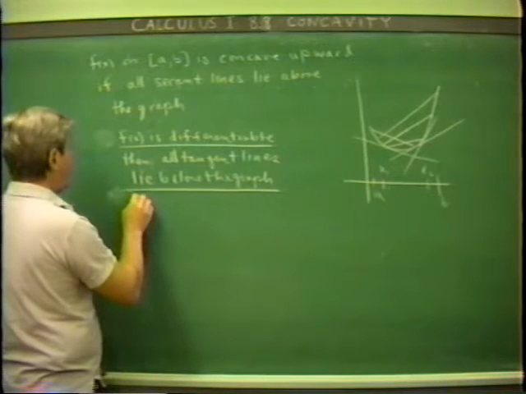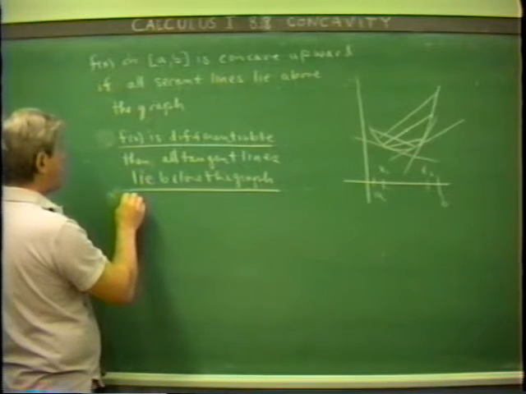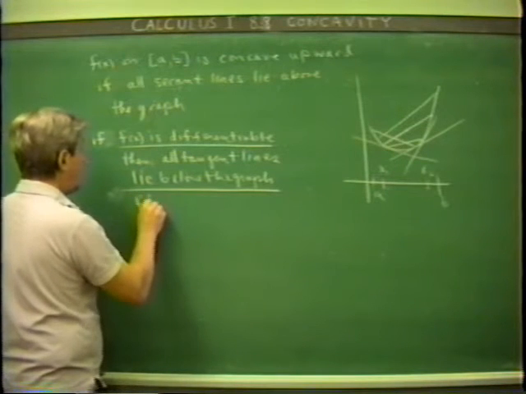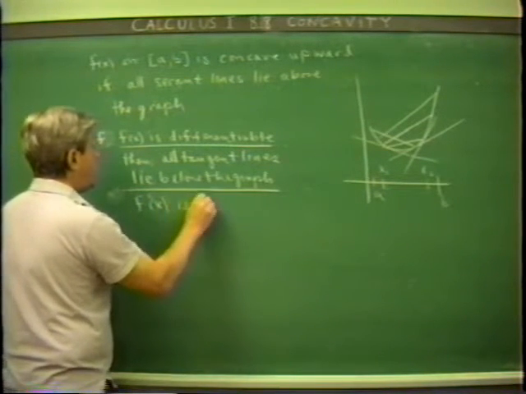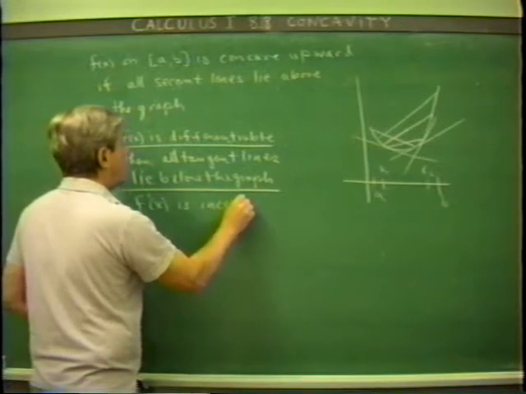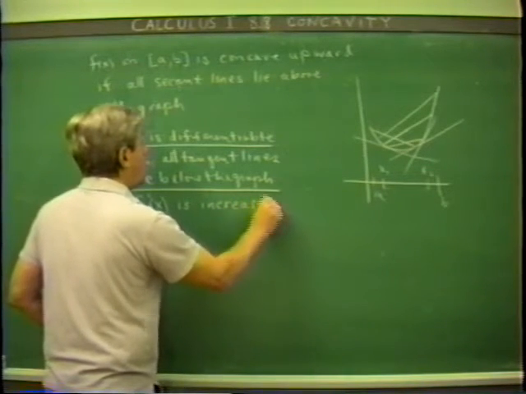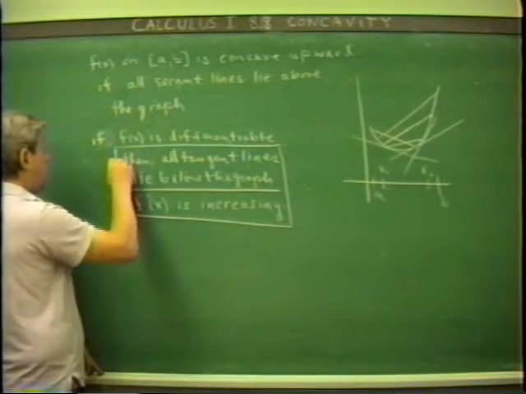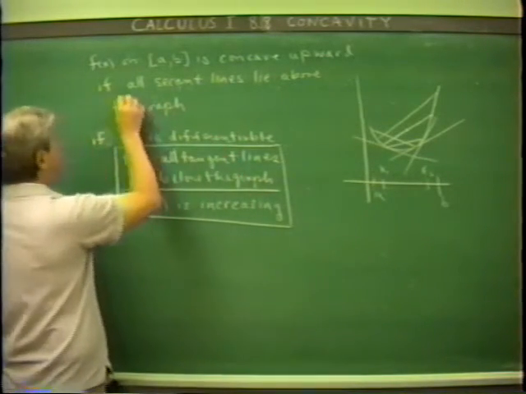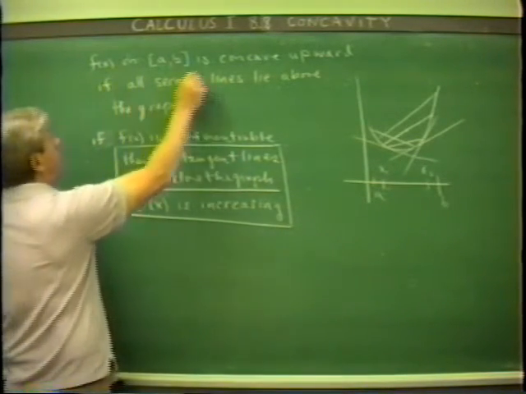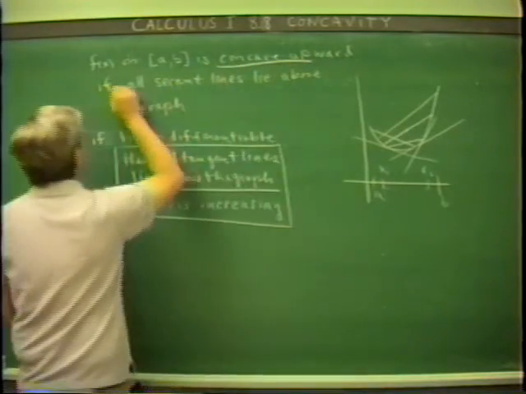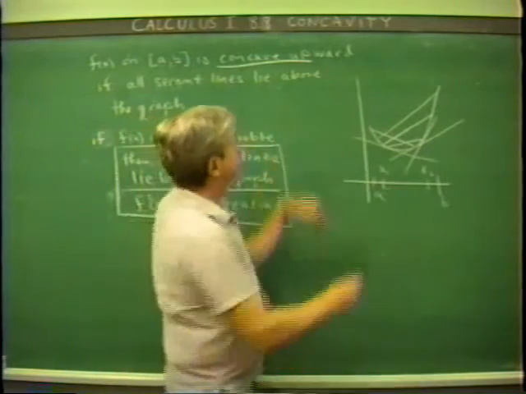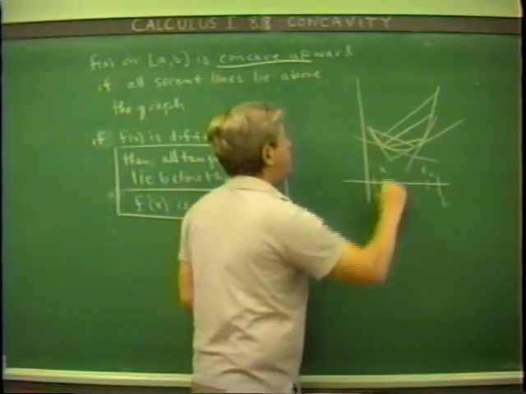And if f is differentiable, then the tangent lines lie below the graph, if and only if the derivative is increasing. So for differentiable functions, these two statements here are equivalent to the statement that it's concave up, or that all the secant lines lie above the graph.